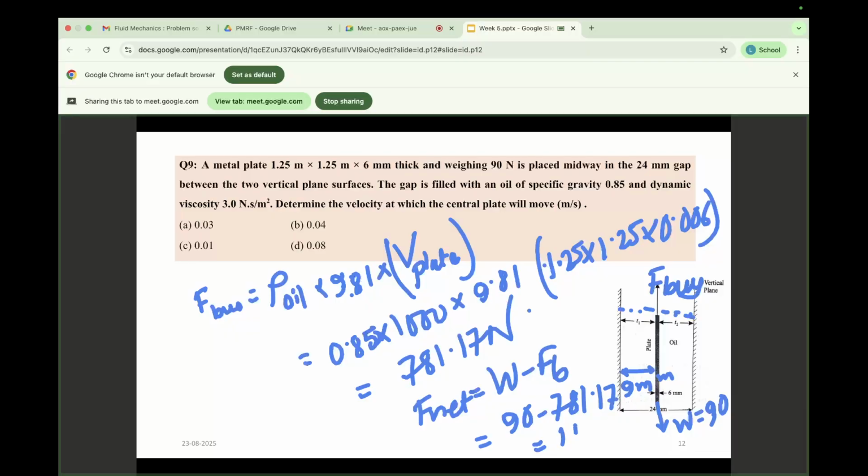So that is 11.83 Newton. Okay. So that is the F net we get. So total force. Again now see.